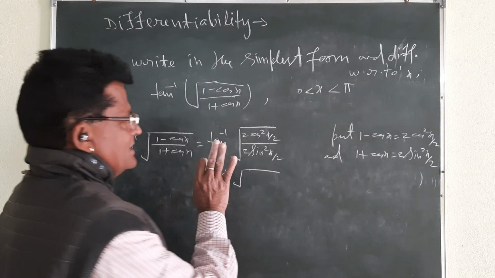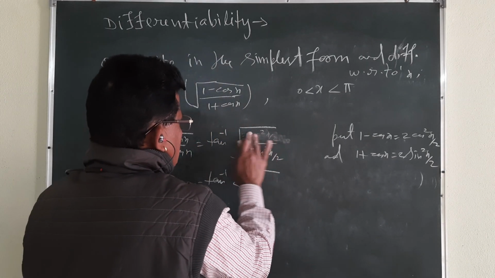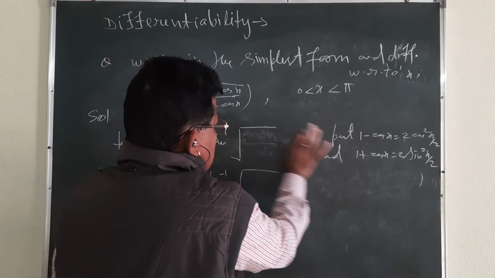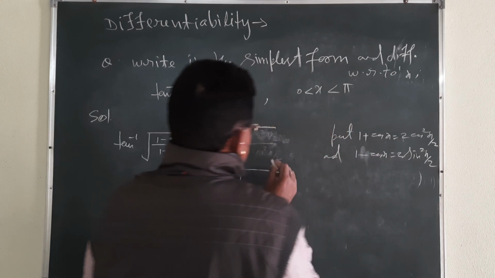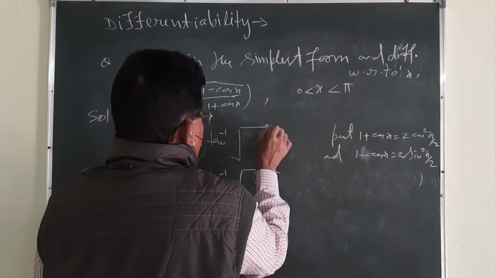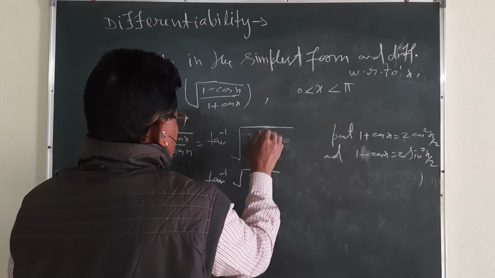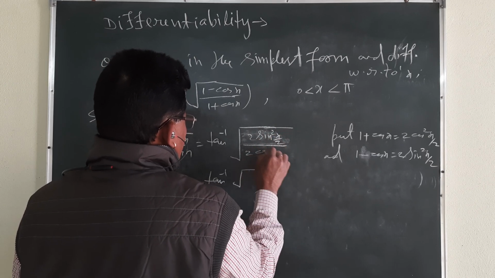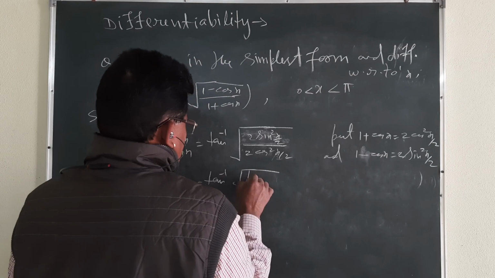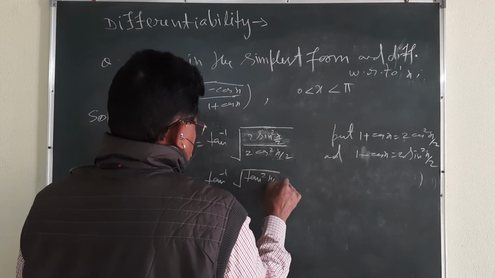My dear student, a little modification I am just going to make, because this is the value of it and this is the value of this one. A little modification I am going to do: sin square x by 2 divided by cos square x by 2, that will be tan square x by 2.